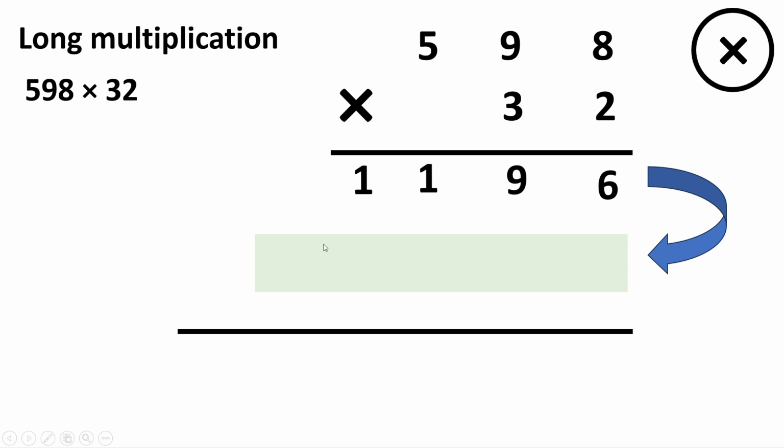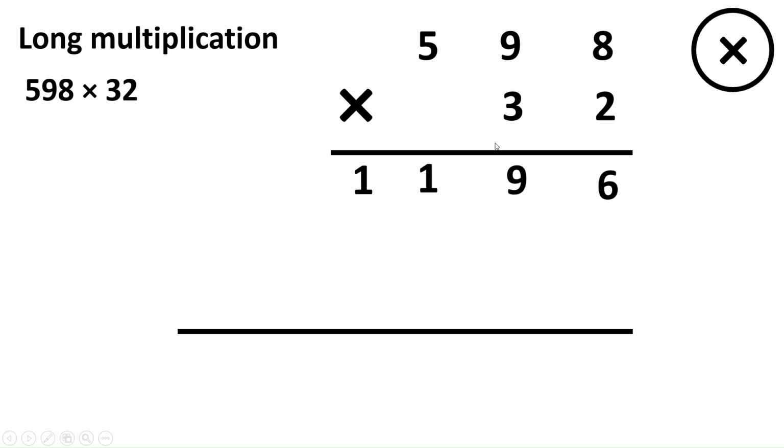And we're going to be writing our answer here. So basically what we've done is we've multiplied 30 by 598. We're going to be adding on 2 multiplied by 598, and that will get us our overall answer, which is basically partitioning our numbers. So this is where our 30 will go. And we're going to be anchoring to each of these digits.